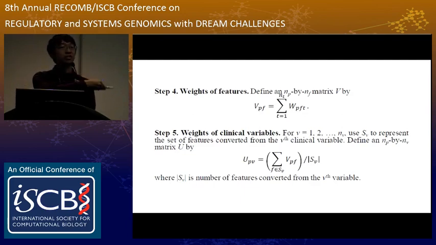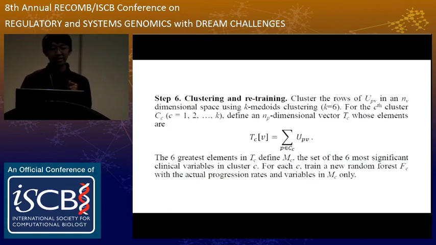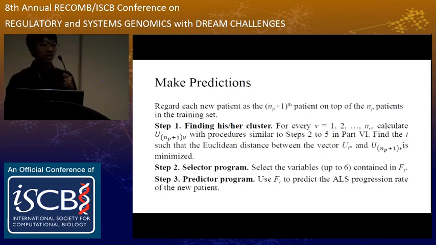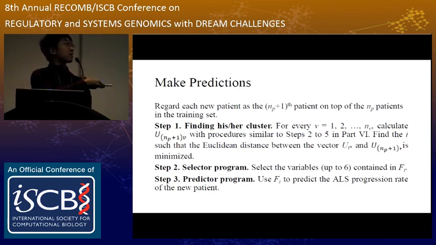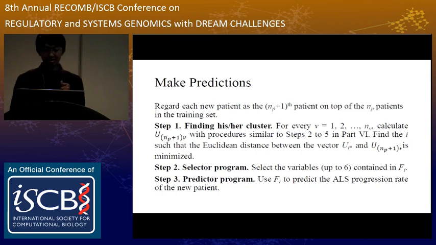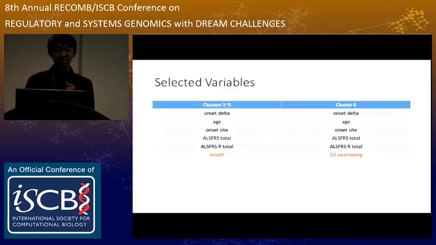You calculate following the exact pipeline, and then you can get the position of that new patient in your weight space. Then you find its nearest neighbor in the weight space as the cluster number, and you just do selector and predictor following the cluster information. So that's all we did, and let's see the results of our study.